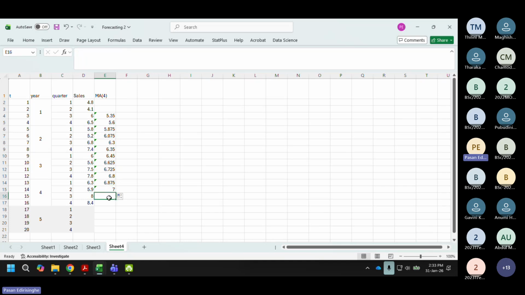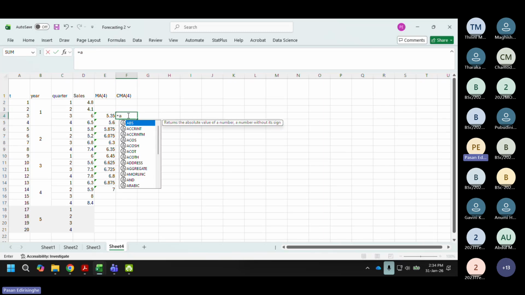So basically now when you're using the moving average 4, we are missing two observations here and two here. So it's kind of like the disadvantage. But now we need to go for the centralized moving average. So for CMA4, the centralized concept is that I take the average again.